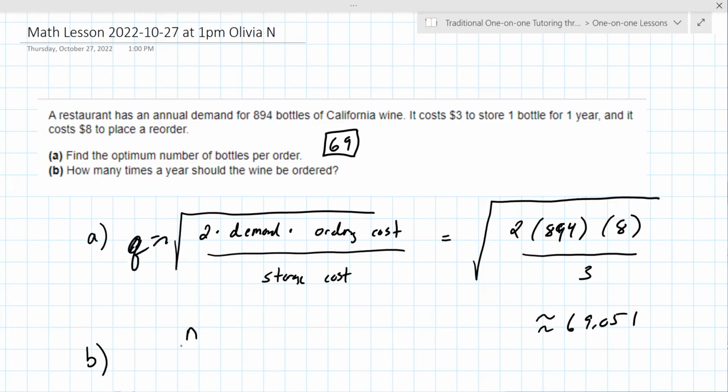This formula is for Q. So it's the annual demand, which in this case is 894 over the 69.051, and we will round that to the nearest decimal place and get 12.9. That is it for question 1.